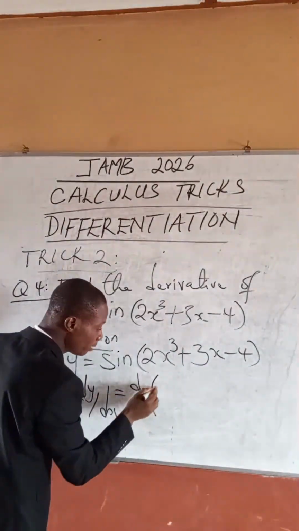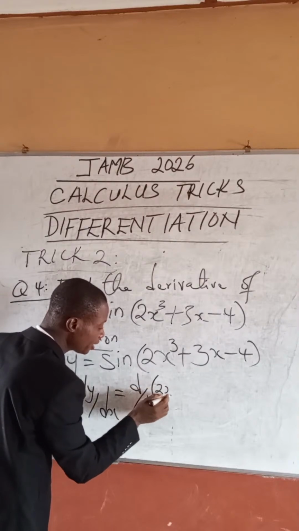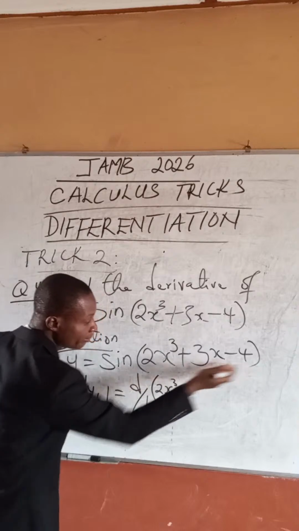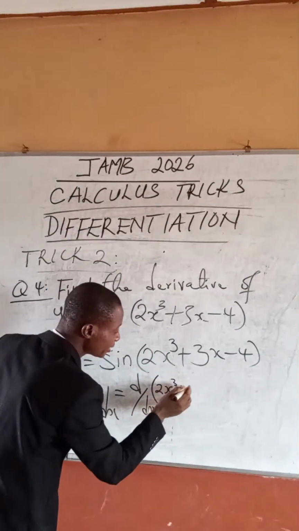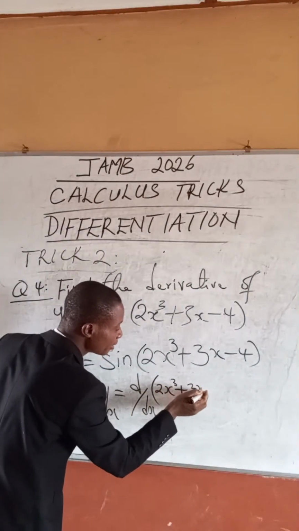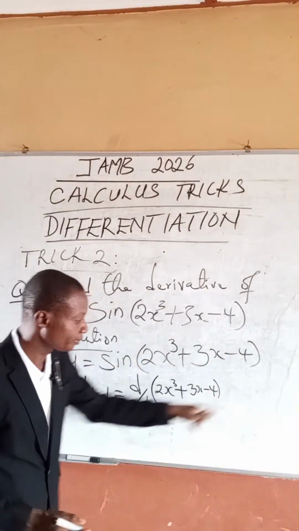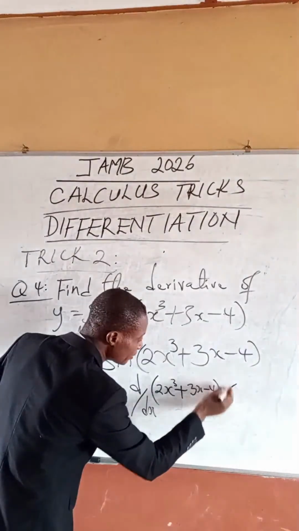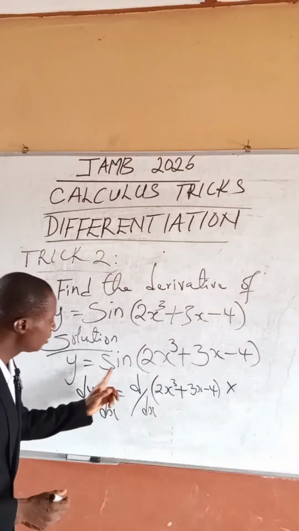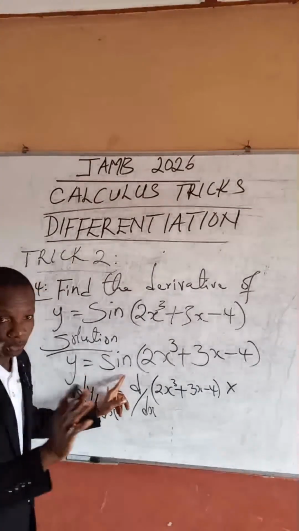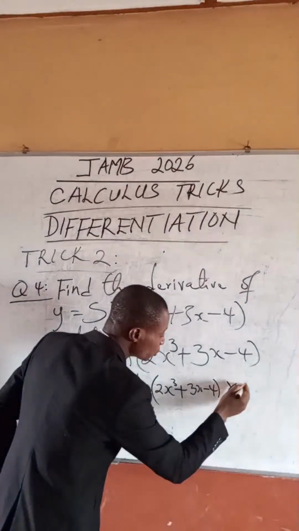I'm going to make it small because of space, so please bear with me. I'm rewriting this one: plus 3x minus 4. This is what we have done just for this alone. And times, change this sign to cosine, just like we have done before. So we change it to cosine.